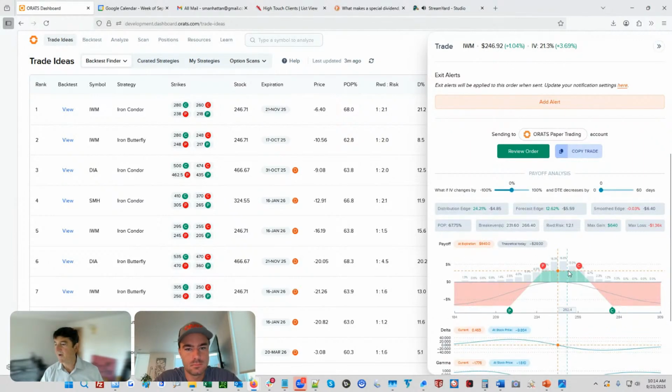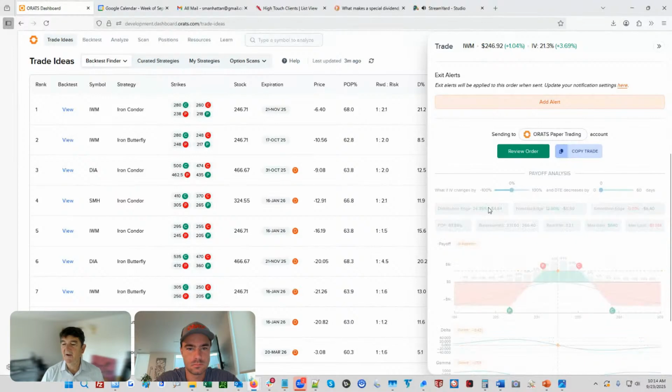Then we overlay the value of the trade at expiration, and we multiply out the probabilities times the value at each probability bucket, and you get a distribution value.